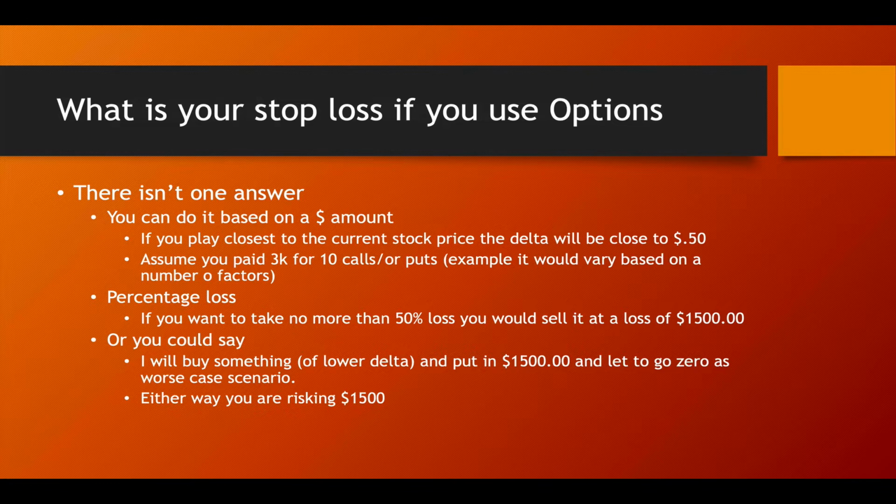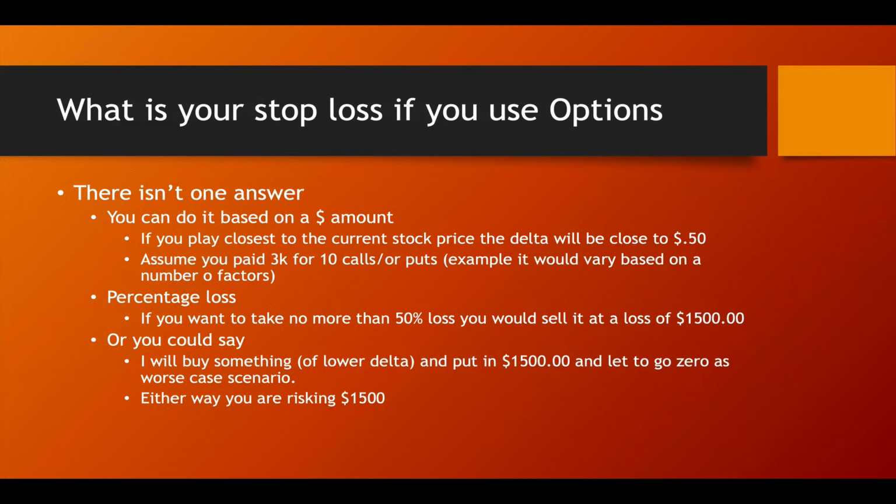Let's say you trade a stock which is very close to the strike price, and let's assume the delta is close enough to 50, which is normally the case. And you paid $3,000 to buy 10 calls or puts, and clearly this is just an example. It would vary on a number of different things, like how much time you have on it, how volatile the stock is, theta decay and delta, and so on and so forth.